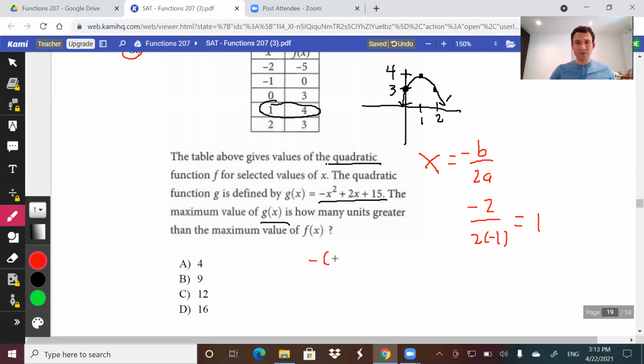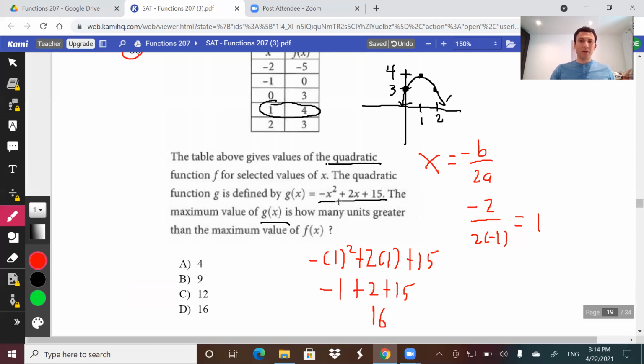And if you think about it, if you put in 1, what we end up with is, and brackets is crucial because we square the 1, we get 1, but then we apply negative to it, so that's negative 1 plus 2 plus 15. So we end up with 16.